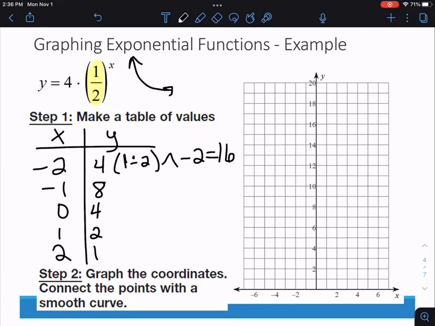So I'm going to start at -2, 16. So go to the origin, go left 2, and then up 16. And I'm going to have a point right there. Then I'm going to graph -1, 8. So I'm going to go left 1 and then up 8.